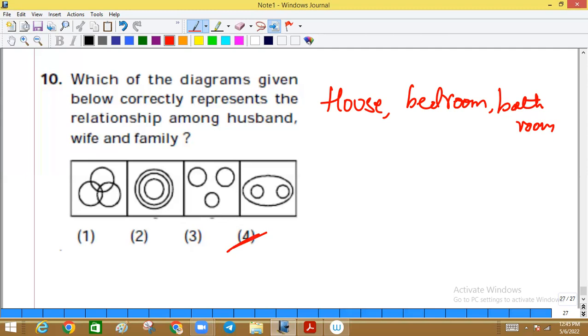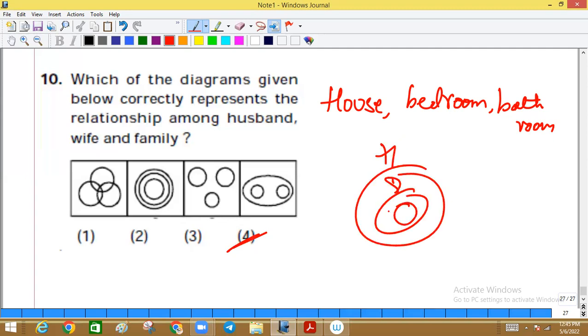When I ask this question, this is the biggest doubt people get. Okay, this is a house, in the house there is a bedroom, in the bedroom there is a bathroom. Where are you sleeping? Are you sleeping in the bathroom? Logically think. Are you sleeping in the bathroom? So this is the bedroom. That's attached. Attached is different from this. Okay, don't go with that kind of logic. Just try to think what exactly is being asked. So this is wrong. Obviously, 4 is the correct answer. Okay.